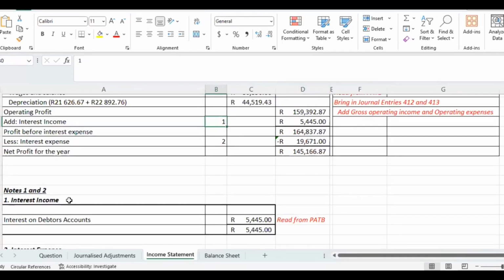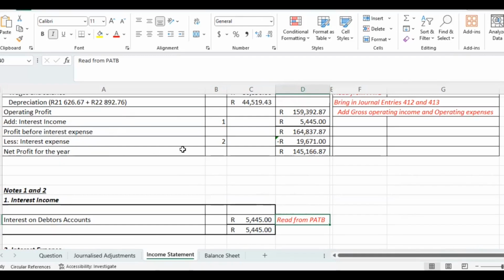Note 1, we have interest income. And we say that the interest on debtors account is 5445. And where did we find that? We simply read it from the pre-adjusted trial balance, so we can bring in that amount of 5445. We add it as interest income. Okay. And then we get our profit before interest expense.